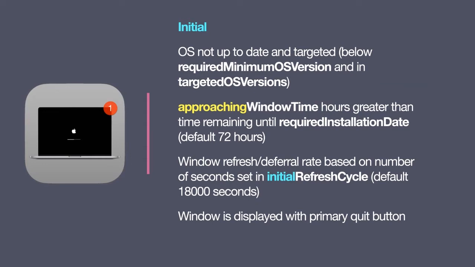So we're 72 hours away from our required installation date or more. Nudge in this state will refresh itself, bringing its window back into focus, and it will increment something called its deferral rate, which I'll elaborate further on in a minute. It does this based on the number of seconds set in another preference called initial refresh cycle. At this stage, Nudge will display a window with a single primary quit button. I think we need to see what that looks like, don't we?